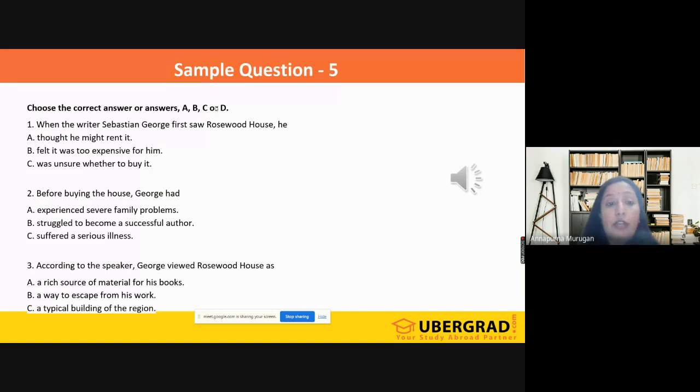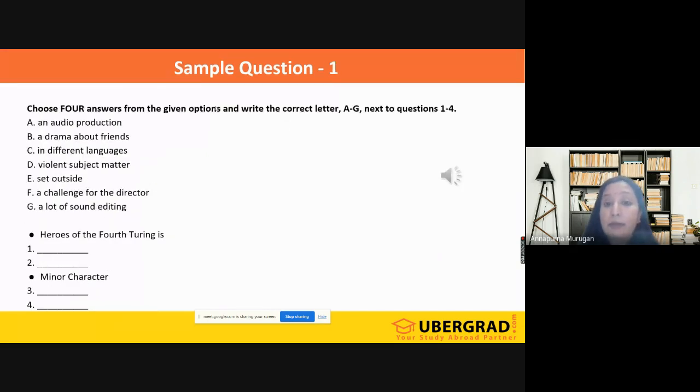Even though it is like match the following, what we need to keep in mind is that we need to understand the given questions, and about what you need to match also you need to understand. Here also I would like to say that you need to concentrate more on the question.